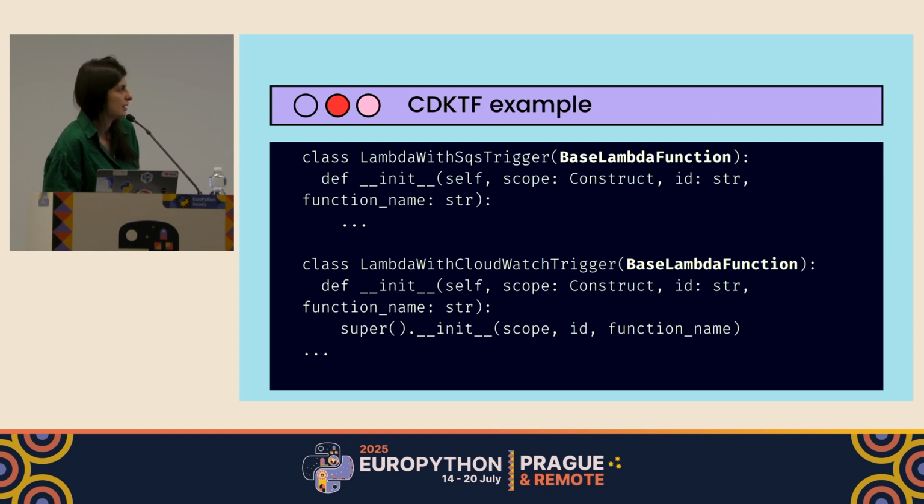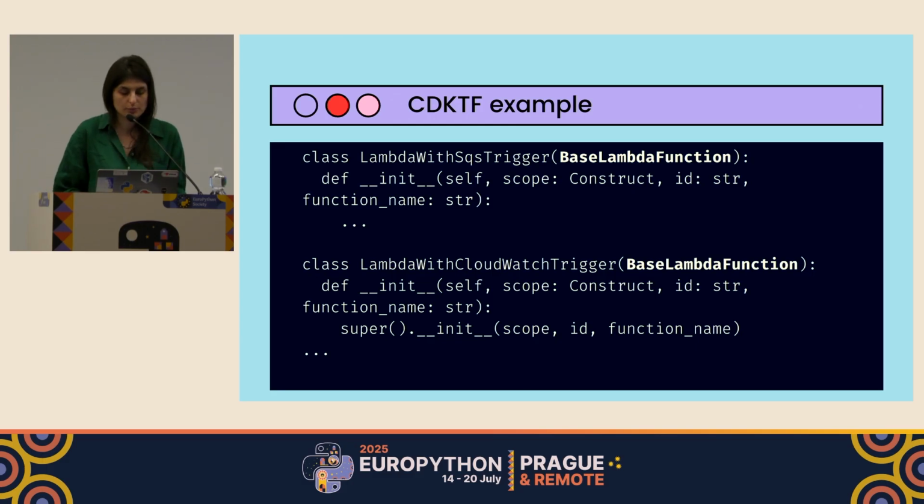It can be defined by SQS trigger, CloudWatch, DynamoDB, and also have different properties. Some Lambdas run inside VPC, some don't run inside VPC. And you can have some predefined conditions for your base Lambda, and after that, you inherit from these properties to other Lambdas and add additional capabilities.